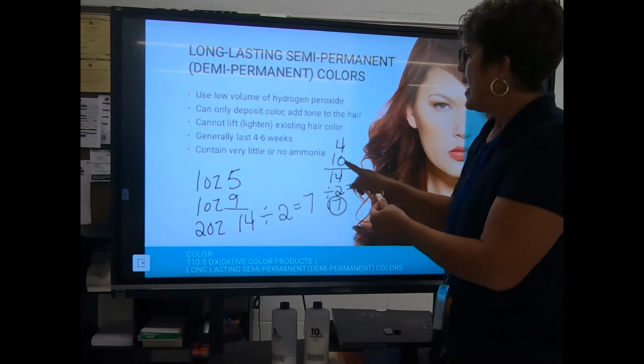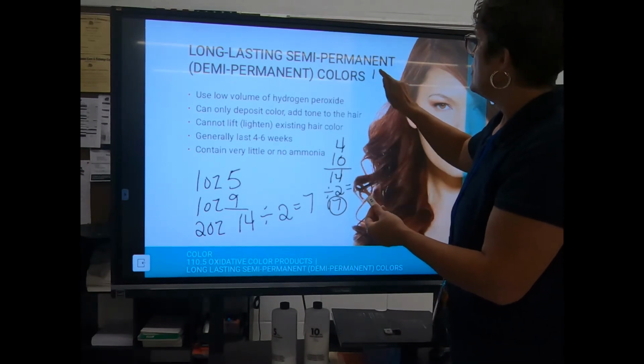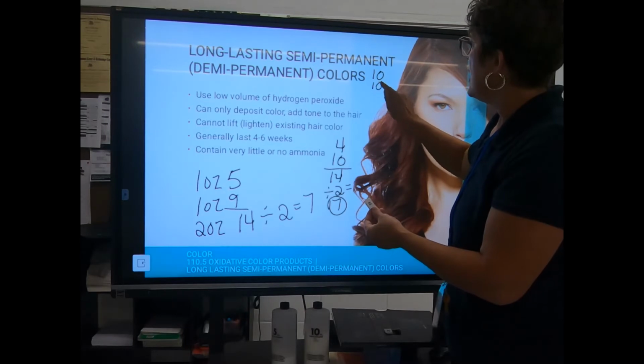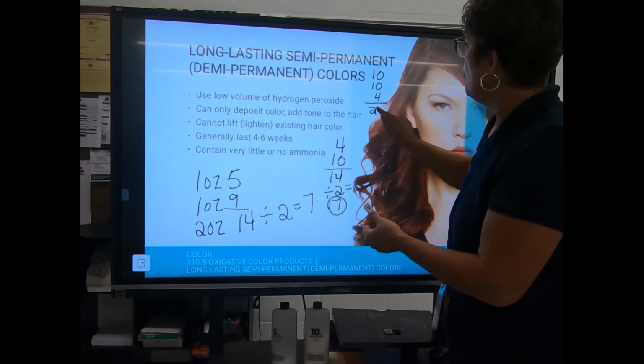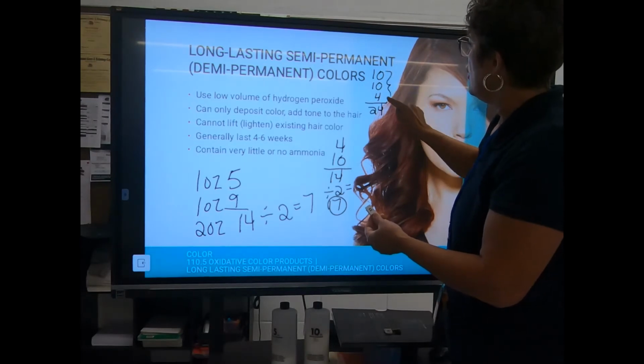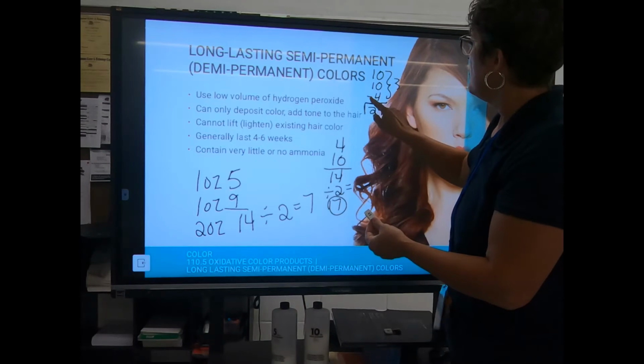So let's try adding another ounce of 10. So let's go 10 plus 10, and then 1 ounce of 4. I get 24. Now I had 3 colors that I used. 24 divided by 3 is 8.